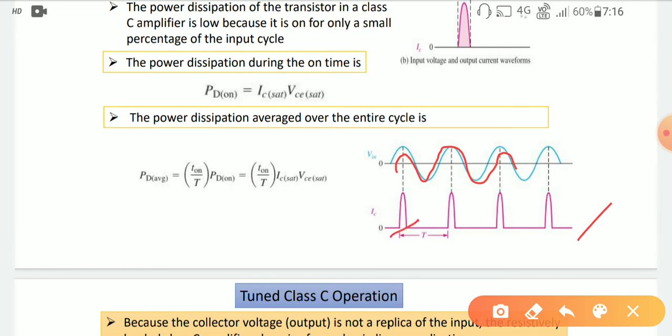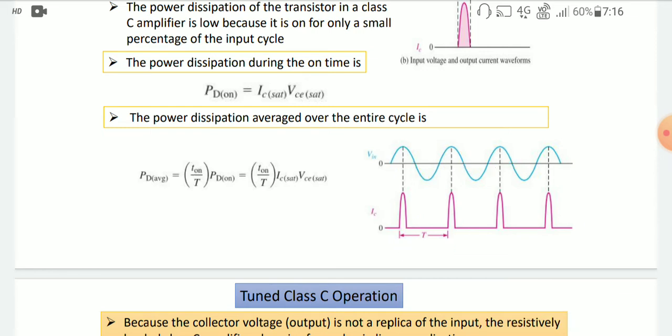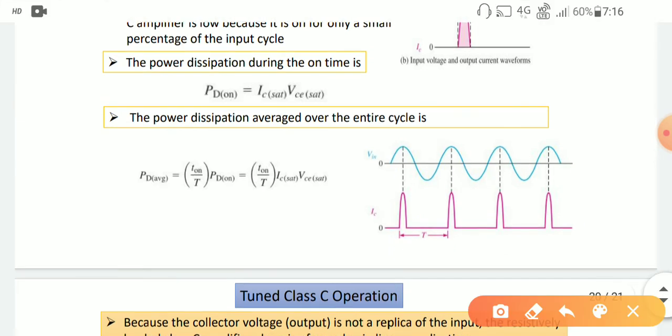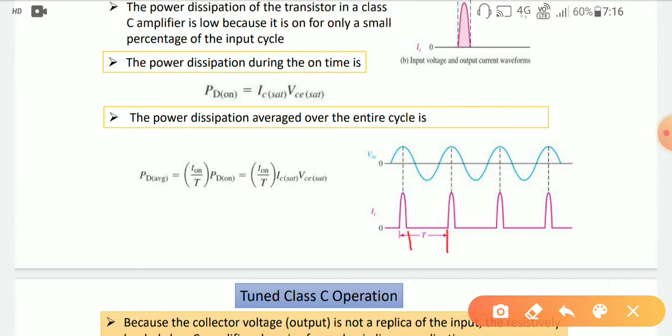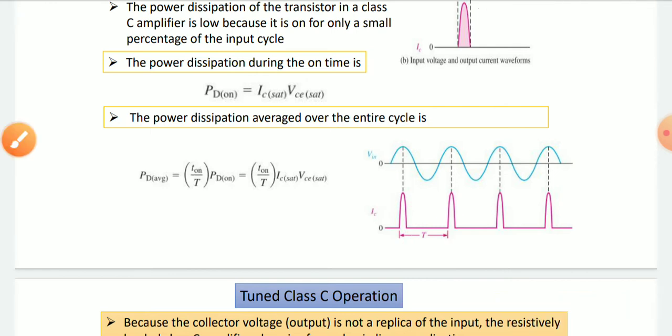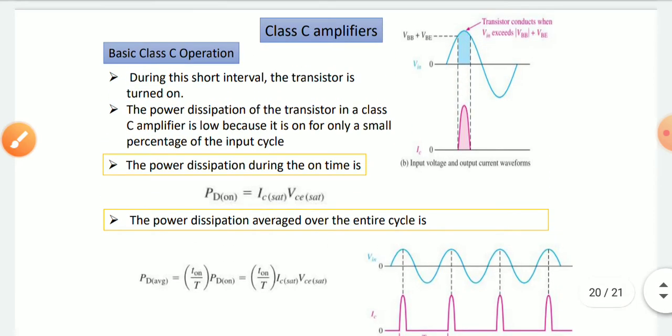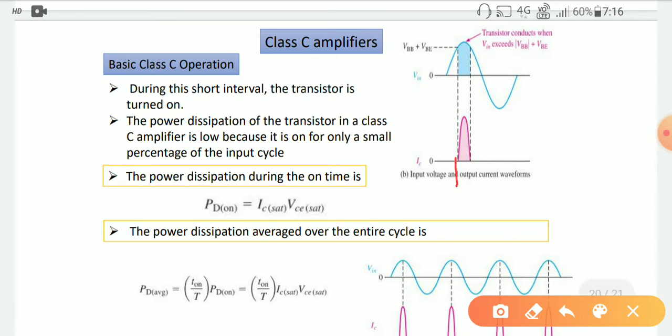If we consider this a period of the output, this duration is denoted as the off time, and this one is denoted as the on time. In the earlier picture it is also easy to see where the on time duration is.